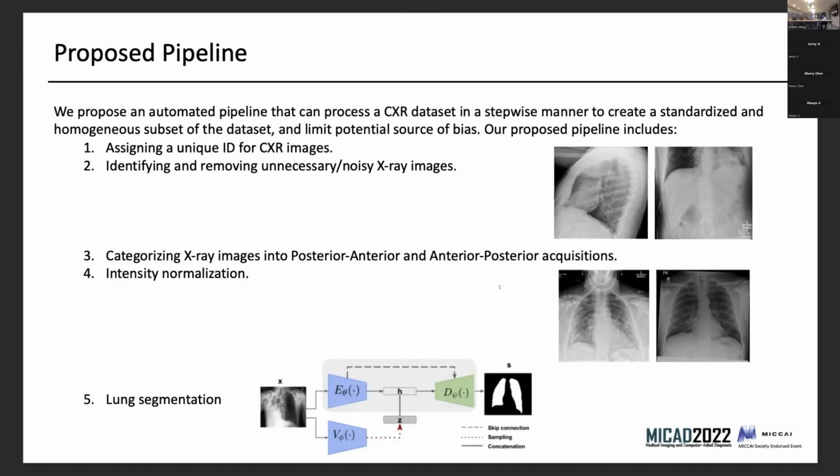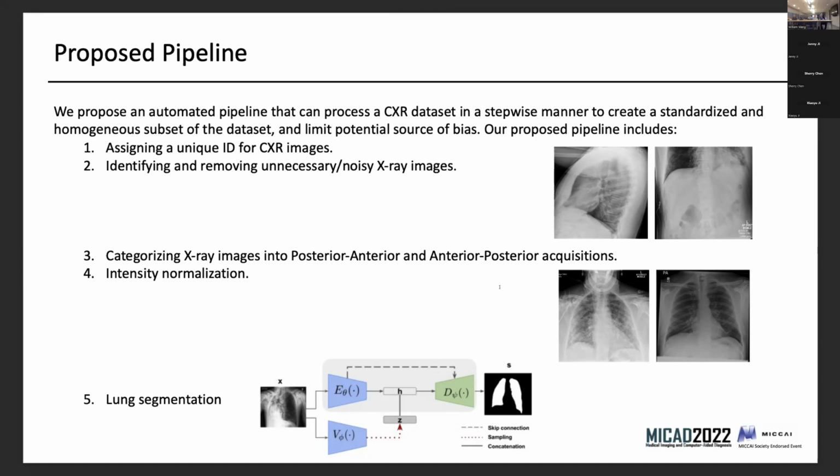By relabel, I mean give it a unique ID so that your file names are neat and include information on the time and date of the patient, so you can distinguish which patients had multiple scans, some of them on the same day. The second step is removing certain chest X-rays which are noisy or not helpful for the COVID diagnosis test.